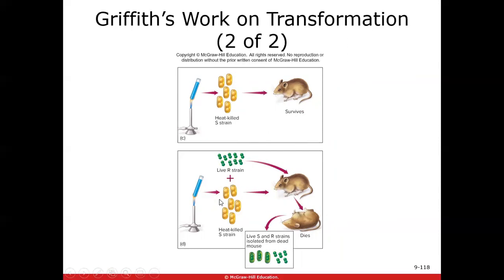So in essence, from the heat killed S strain, the live R strain took that knowledge on how to kill, and it ends up killing the host. So what ends up happening is you have live S and R strains isolated from the dead mouse. So you ended up with live S strain and live R strain.